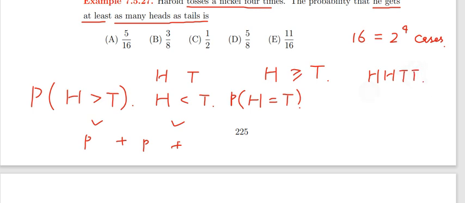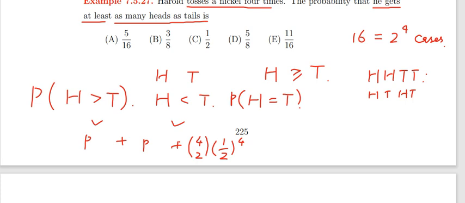So 2 heads and 2 tails. For each one, the probability is half: heads is half, tails is half. So then how many ways? From 4 positions, we choose 2 positions to put as heads, then the other 2 as tails.